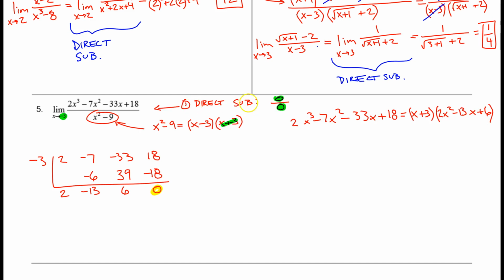So step 1 was direct substitution. Step 2 was recognizing that we had the difference between two perfect squares in our denominator, and that can be factored. Step 3 was recognizing that we could use synthetic division to find out what the other factor is of the numerator. Step 4 was writing out those two factors. And step 5 is going to be going back to our original statement.